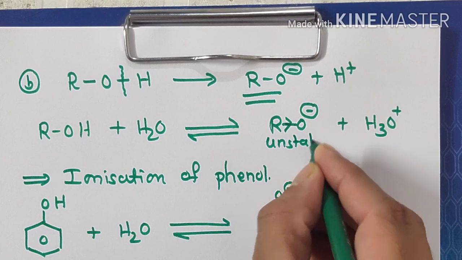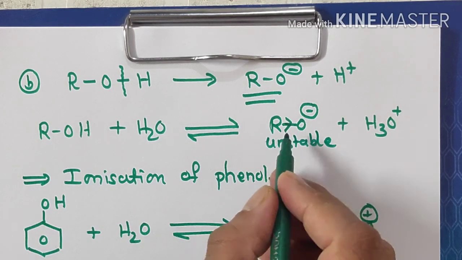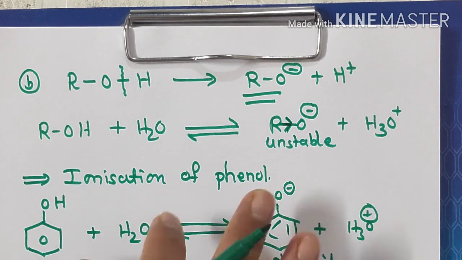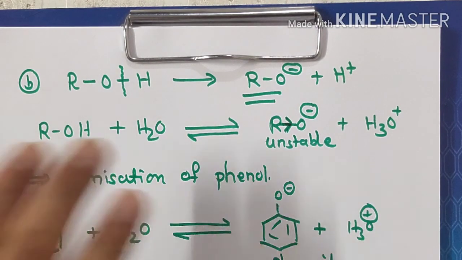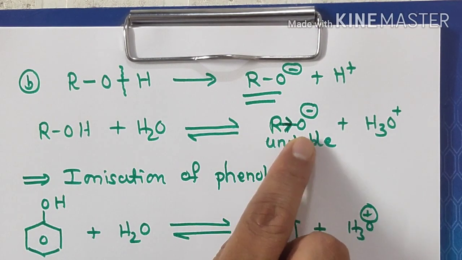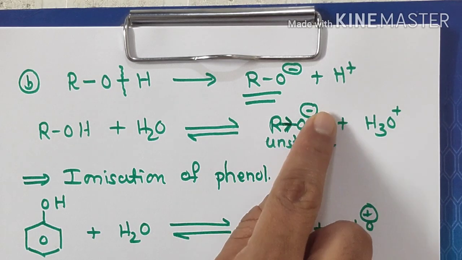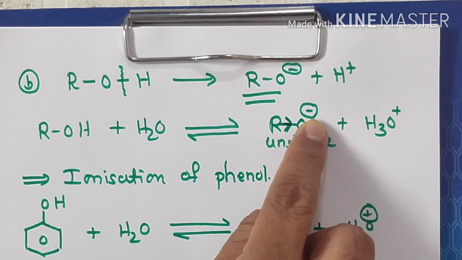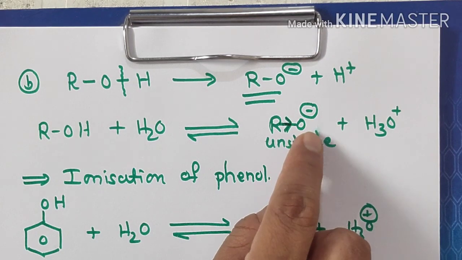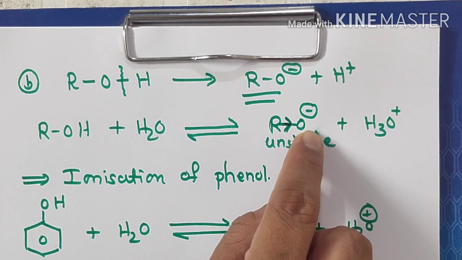Why is it unstable? Because the alkyl group is pushing its bonded pair of electrons toward the orbital of oxygen. As it is pushing, the negative charge on the oxygen will increase, and this is going to increase the electron density on the oxygen, which will make it unstable.